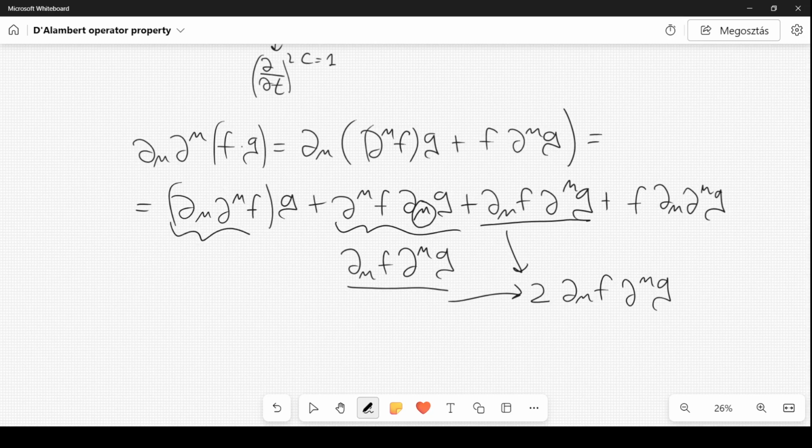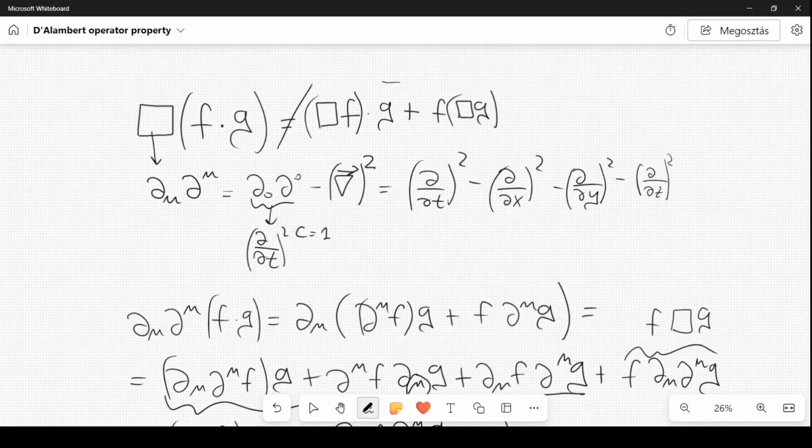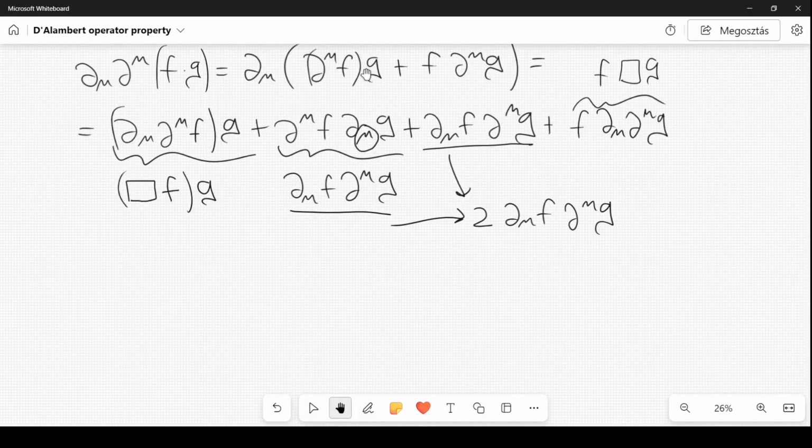Whereas you can see here that you have the D'Alembert operator acting on f times g, and here you have f times the D'Alembert operator acting on g. So you can see that actually the formula is wrong because apart from these two terms that indeed appear in the final formula, we have an additional term here that's given by these derivatives. So these mixed derivatives, if you want.